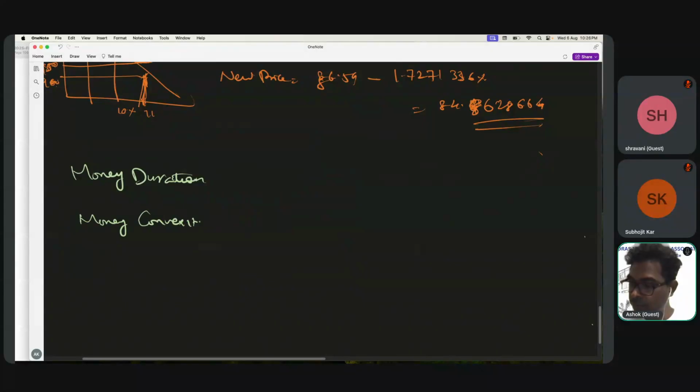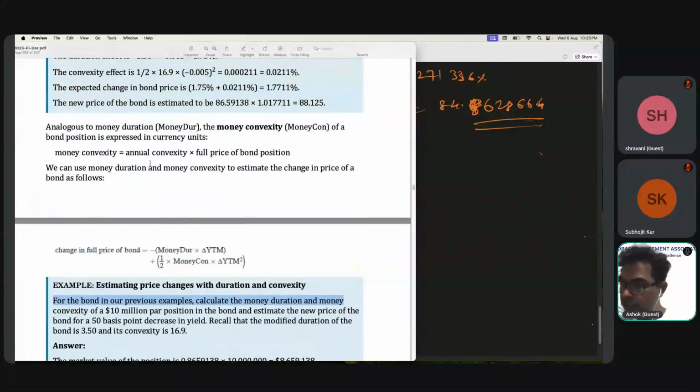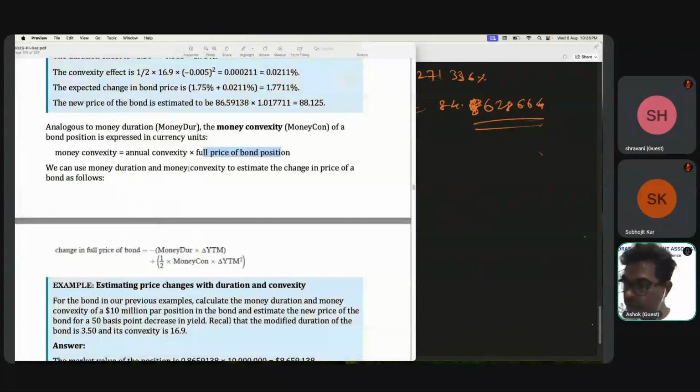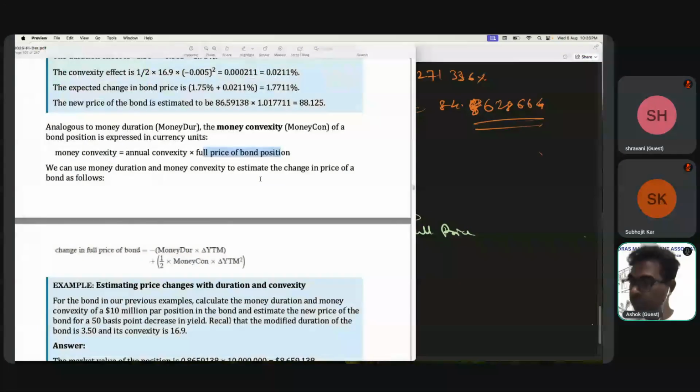Money convexity. So money duration, money convexity is annual convexity into full price. Okay. Money duration is annual convexity into full price. Full price of the bond.